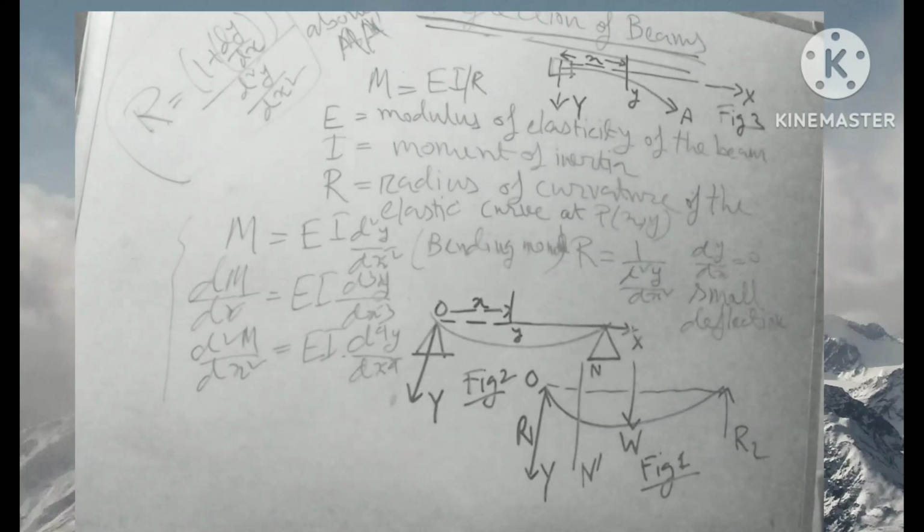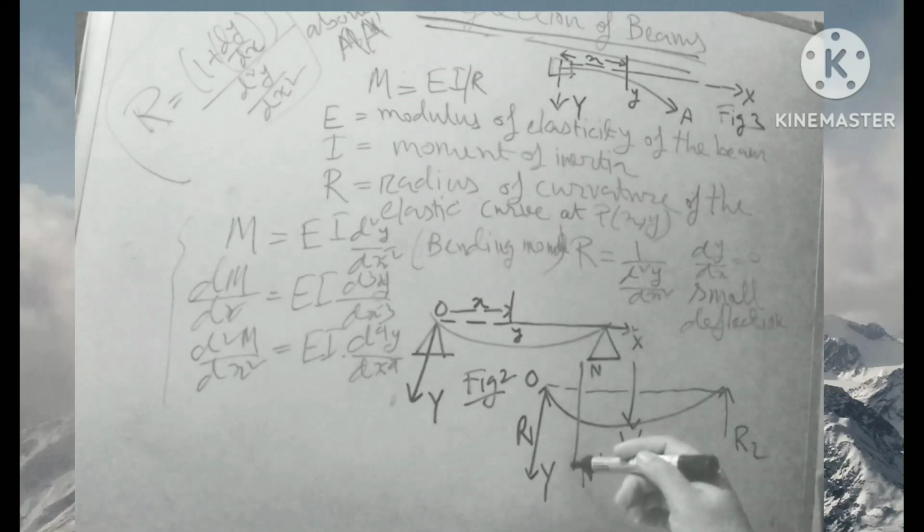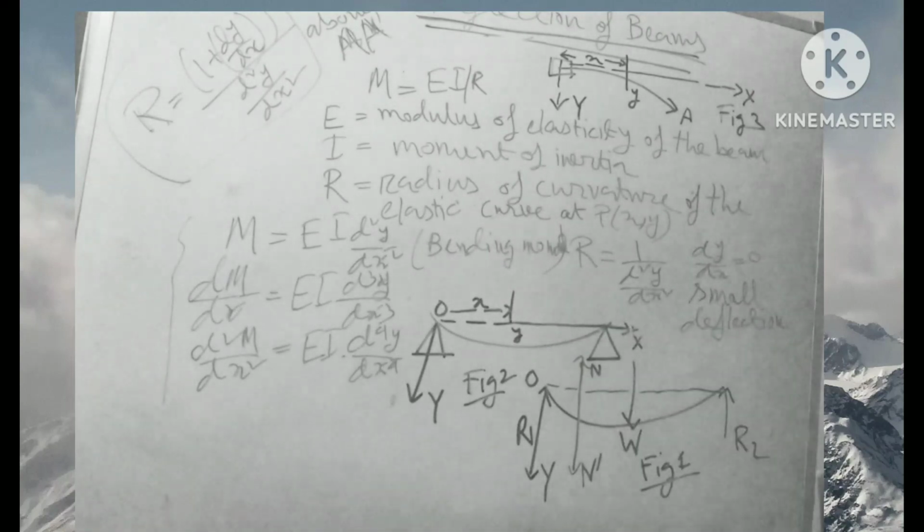Now the convention of signs: the sum of the moments about section N dash, this is N dash, the neutral point, due to external forces on the left of the section.